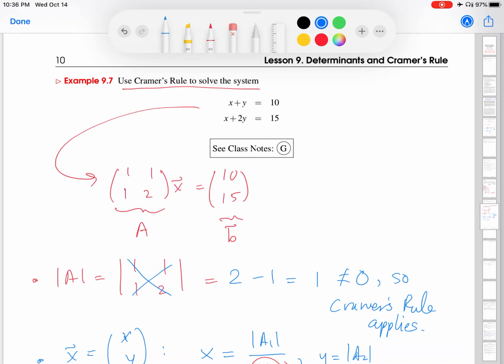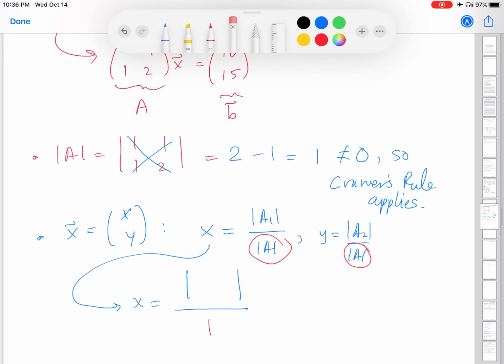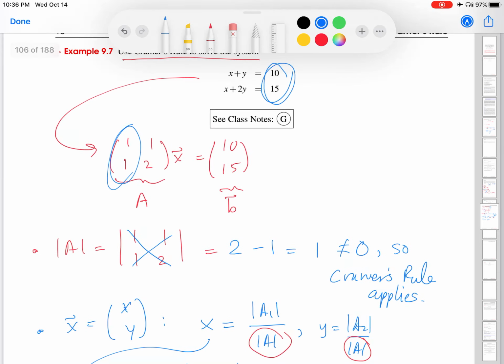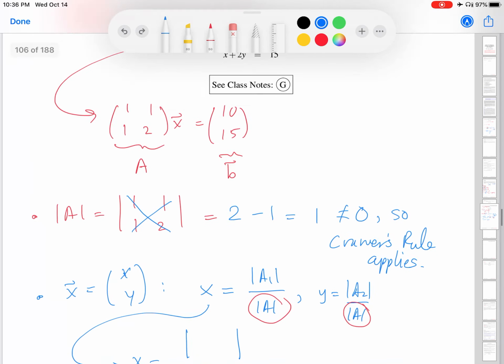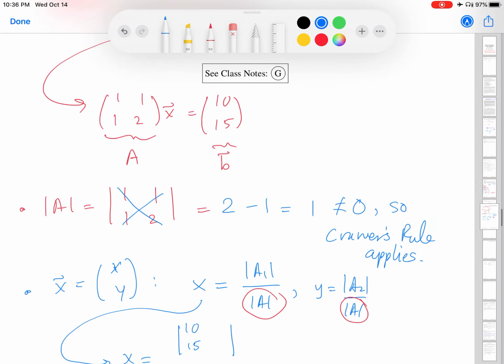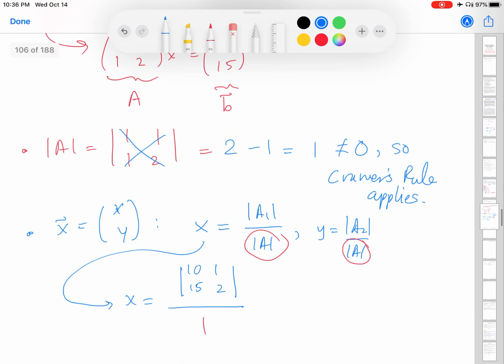So A1 means we're going to replace the first column of the matrix A by the vector b, and we are going to keep everything else unchanged. All right, so the first column used to be 1, 1. Now it's going to be 10, 15. So I'm going to put that down here, 10, 15. I won't change the second column, which used to be 1, 2, and it's going to remain 1, 2.